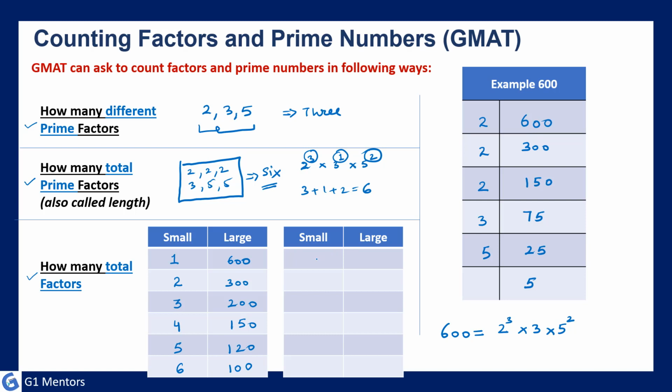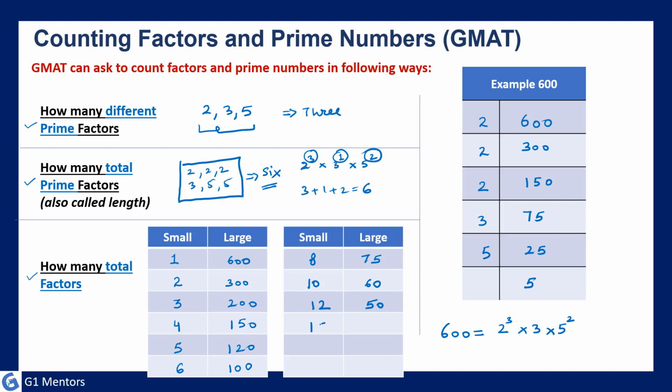Then we take 7. But 600 is not divisible by 7. Then we take 8. 600 divided by 8 is 75. Then 9. 9 is not a factor. Then we take 10. 600 divided by 10 is 60. Then 12. 600 divided by 12 is 50. Then 13, 14 are not divisible.